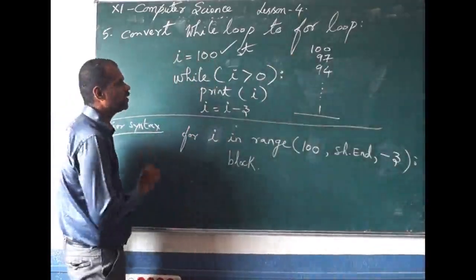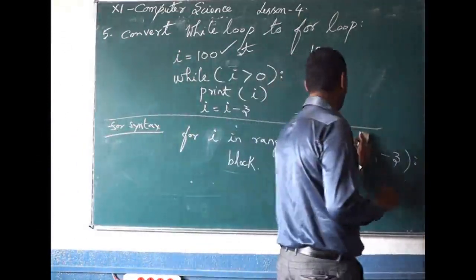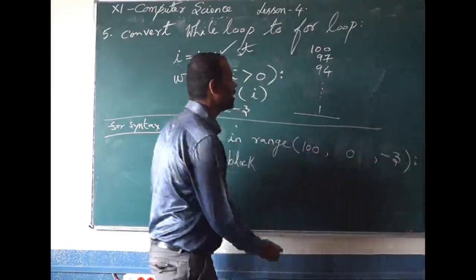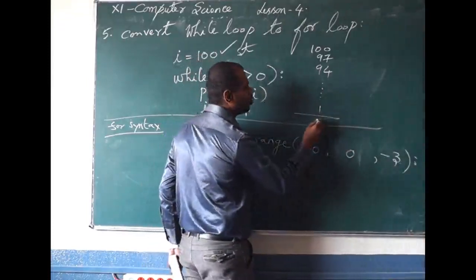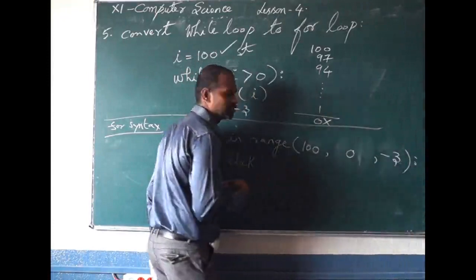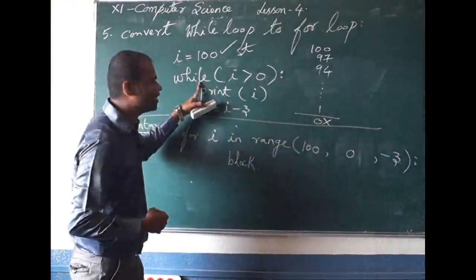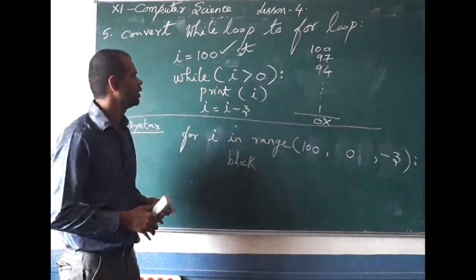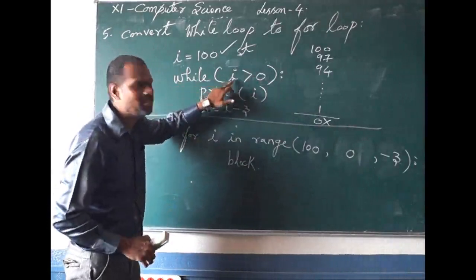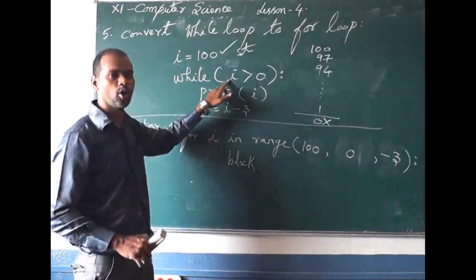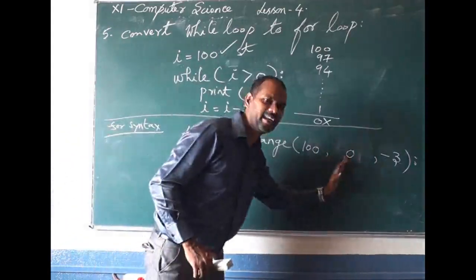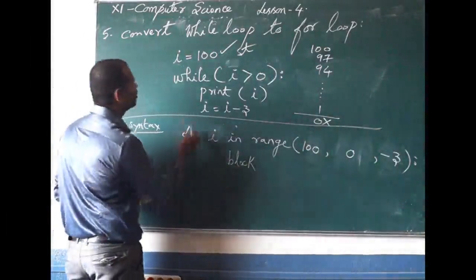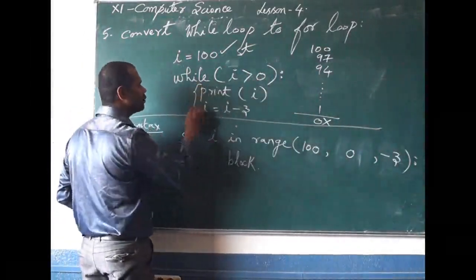So which one is the stopping end? 0 is the stopping end, because up to 1 it is eligible. Once it reaches 0 it is the stopping end. In the condition it is clearly given that this I value should be bigger than 0, so this stopping end should be 0. Understand?